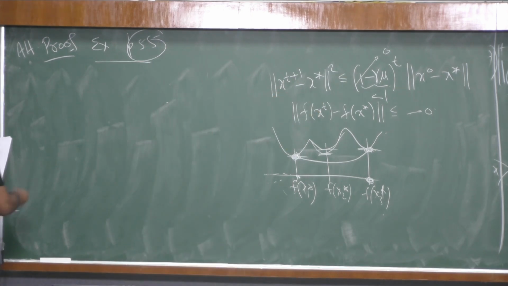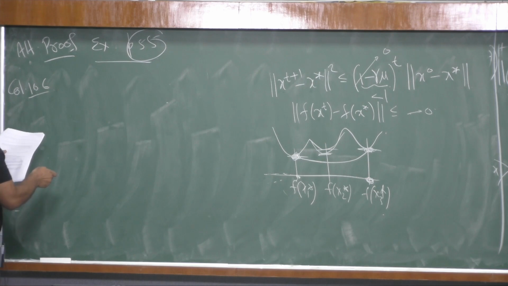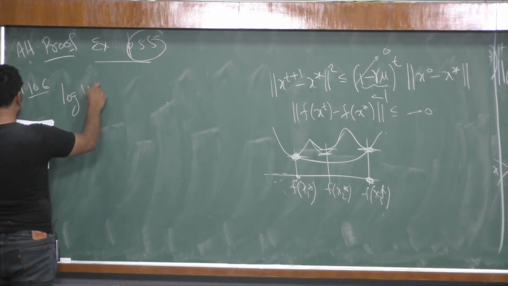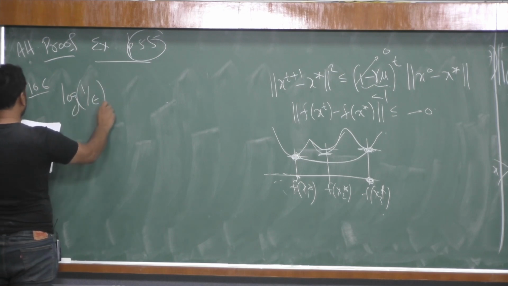What is the complexity of this? So this is corollary 10.6, and again I leave this corollary proof for you. In this algorithm, the complexity is log of 1 by epsilon complexity.